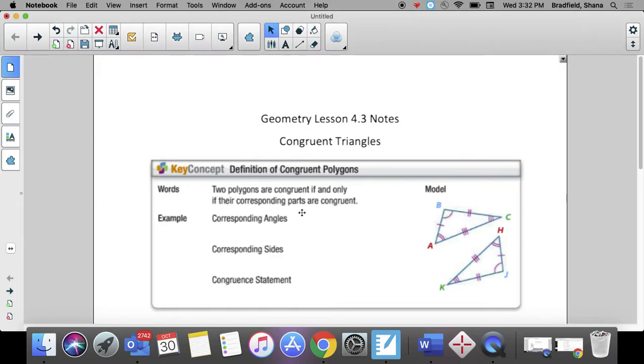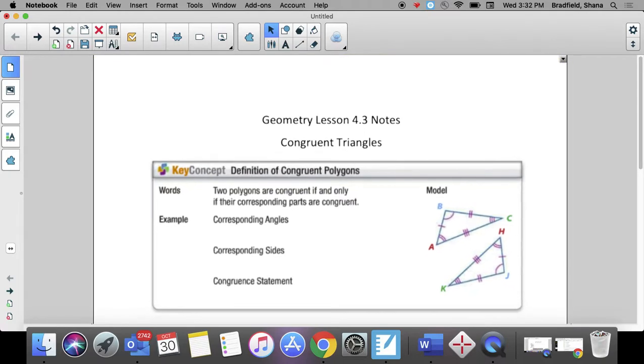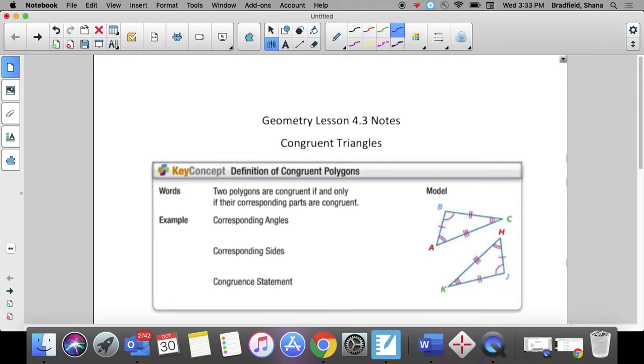So I would say angle B is congruent to angle J. I would have angle A is congruent to angle H. And angle C is congruent to angle K.